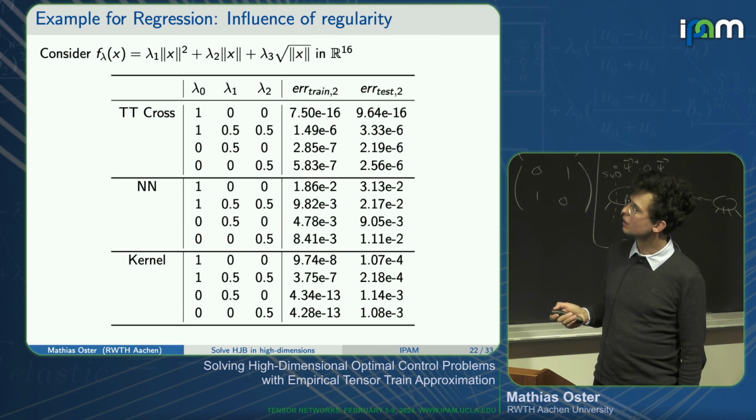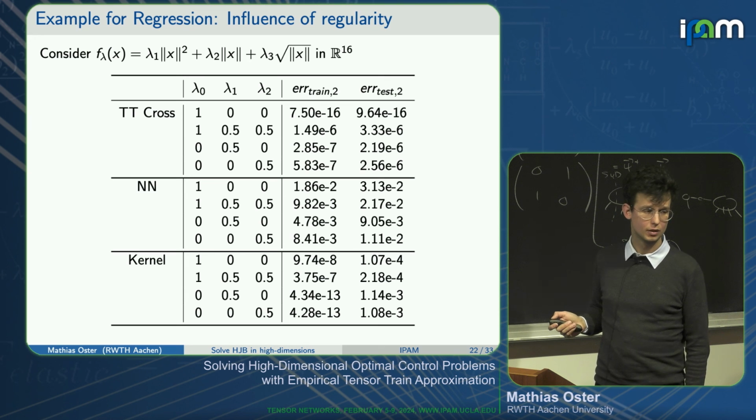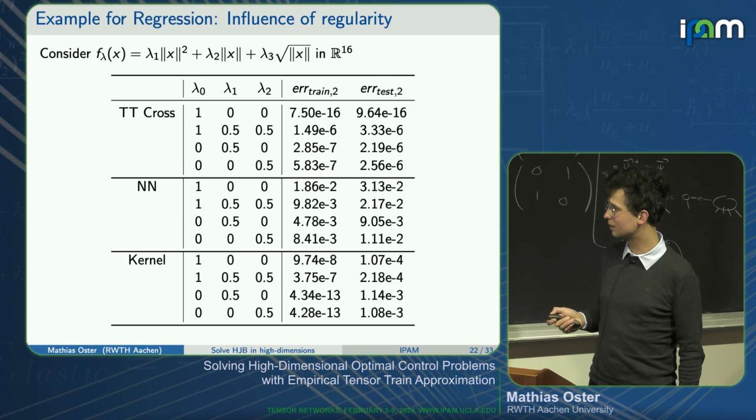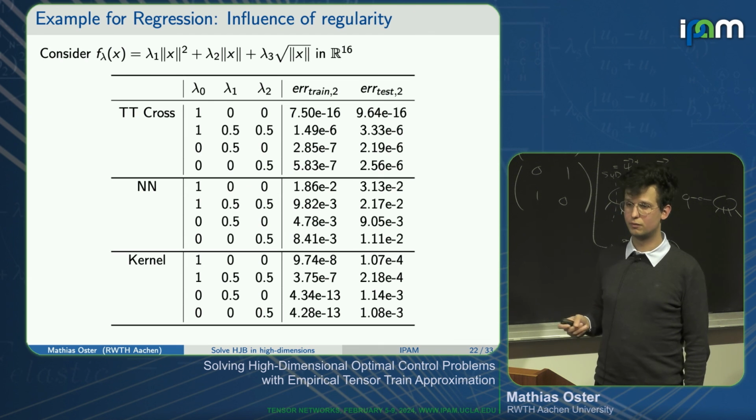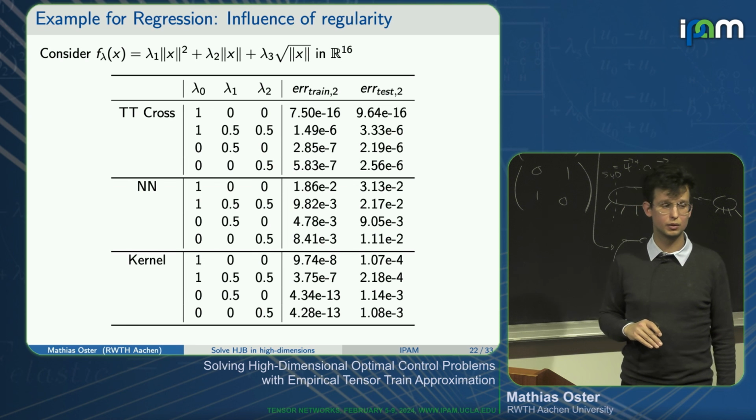And what surprised us a lot is how well the tensor trains still worked. I need to say here that we used TT cross to solve this approximation, this least squares problem, which works very well in this setting.